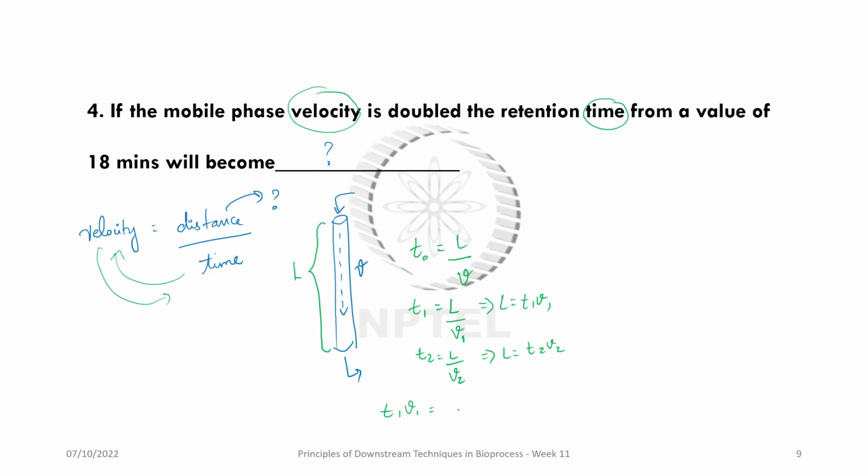T1 V1 is equal to T2 V2, and V2 is twice V1, correct? So you can cancel these out. What is T2? 1 by 2 T1. So it is half of T1.